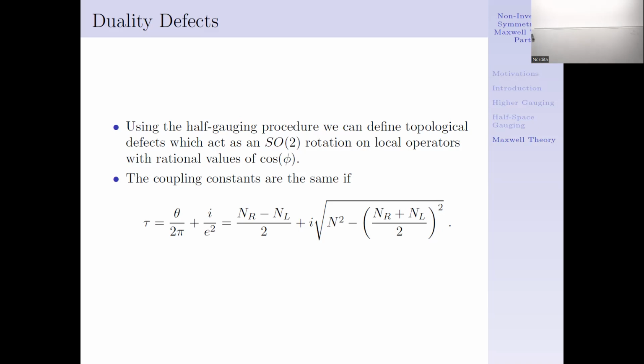And now a third infinite set, which basically acts like an SO2 rotation on F and star F on local operators, and is non-invertible because of the action on line operators.